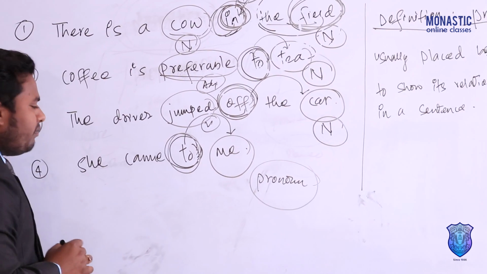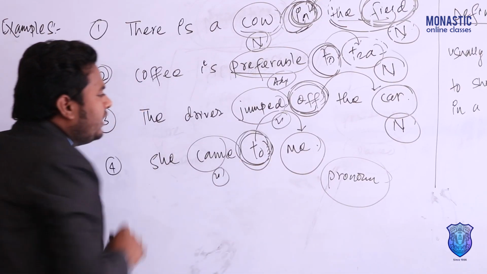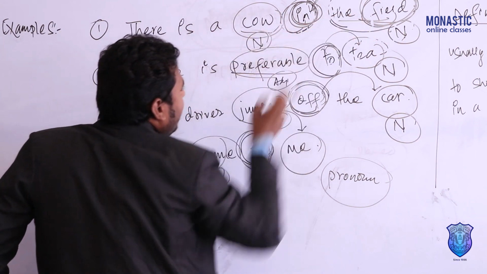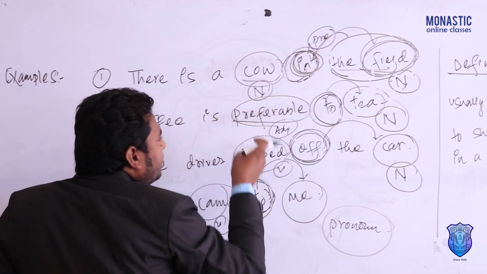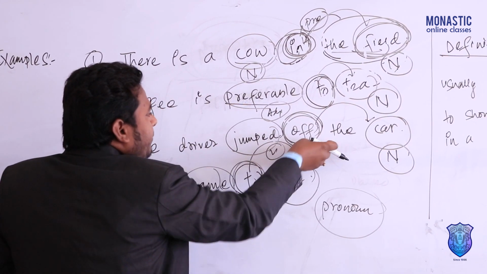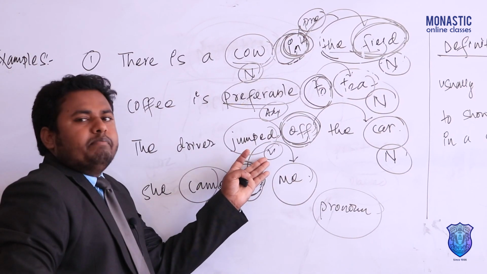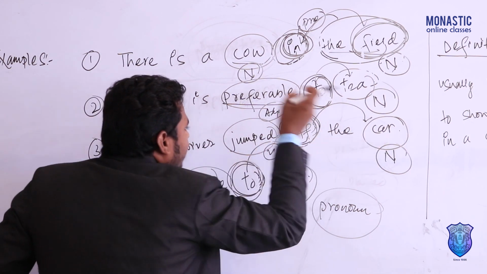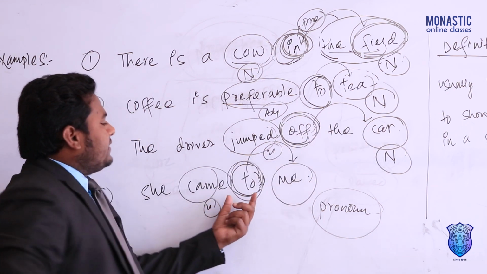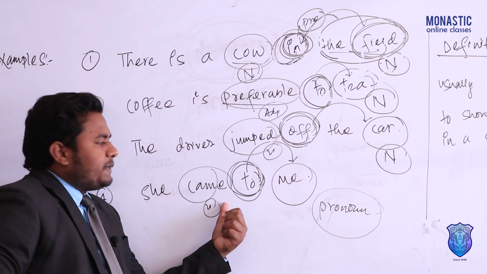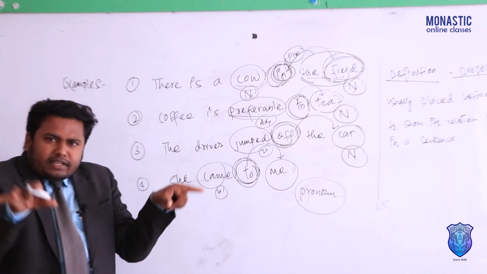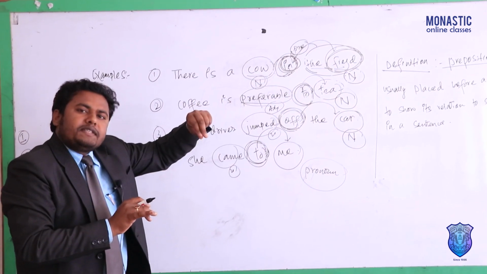In the last example, came is our verb before to. So before in there is a noun, after in there is a noun; before to there is an adjective, after to there is a noun; before off there is a verb, after off there is car, a noun; before to there is a verb, and after to there is a pronoun. What do I mean? A preposition is a word which shows the relation between two words.